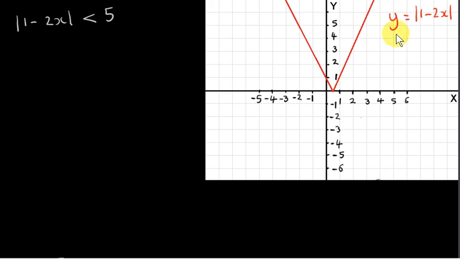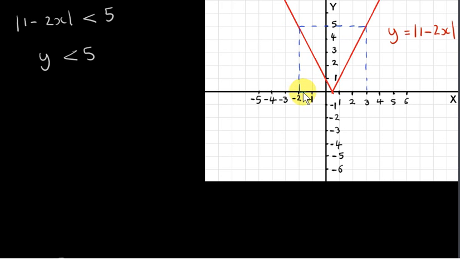Now let's use the graph to solve this inequality here. We want to find the values of x for which the mod of 1 minus 2x is less than 5. Or since we're calling this y, we want to find the values of x for which y is less than 5. So to do that, we go to 5 on the y-axis. And we just go across from 5 and down.